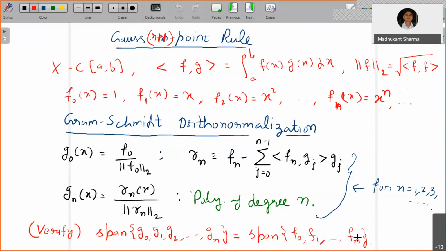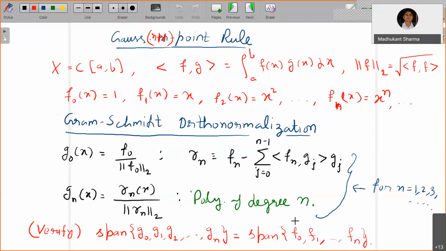It's vice versa: you can always write the summation of ai Pi of x, and every polynomial can be written in this form in a unique way. Similarly, if you have the representation in the form of Legendre polynomials, you can simplify it and find the corresponding polynomial of degree n. So both spanning sets are the same.